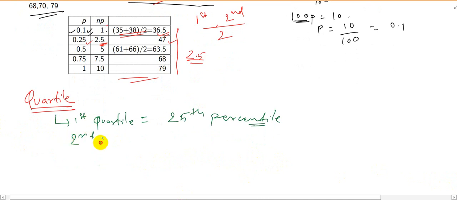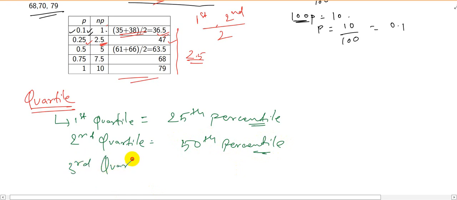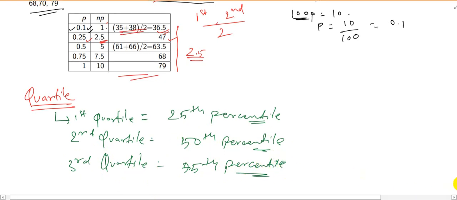Second quartile is the 50th percentile, right? And the third quartile is the 75th percentile.